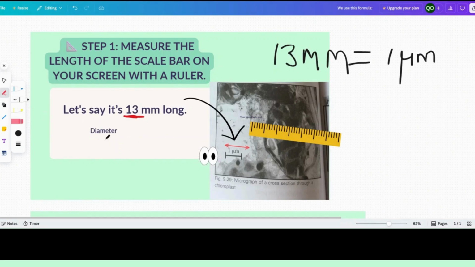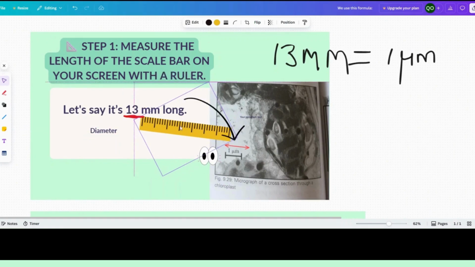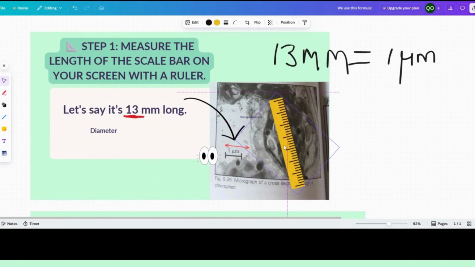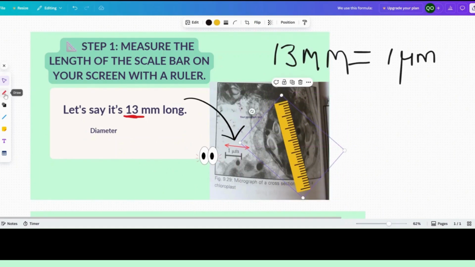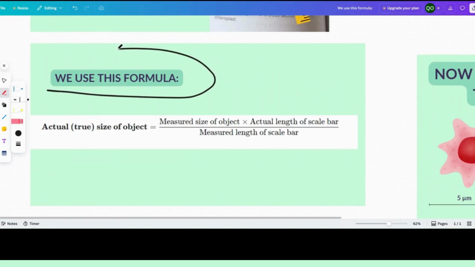Then we are going to measure the diameter of this little cell, and it looks like a chloroplast because I can see the thylakoid and the stroma. Let's say I measured it and I got 91 millimeters.